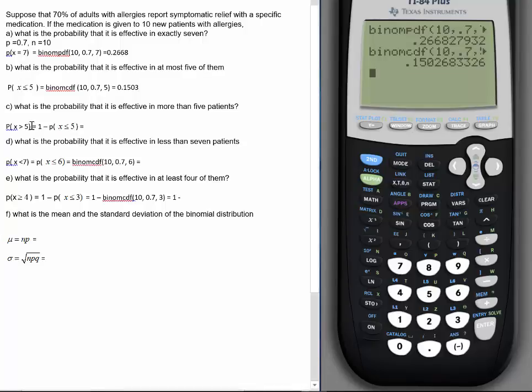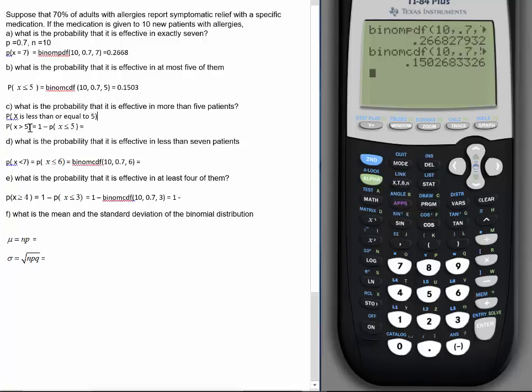What are the numbers that we did not cover? 5, 4, 3, 2, 1, 0. The calculator can find for us the probability of x less than or equal to 5. We don't need this one.